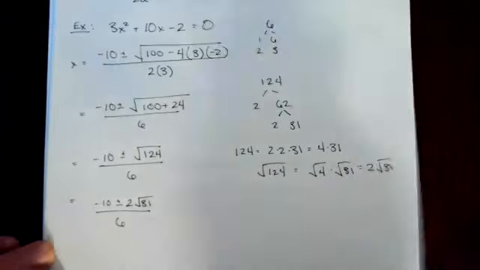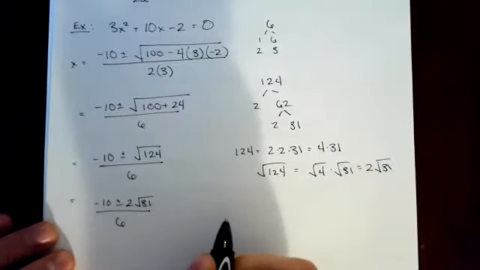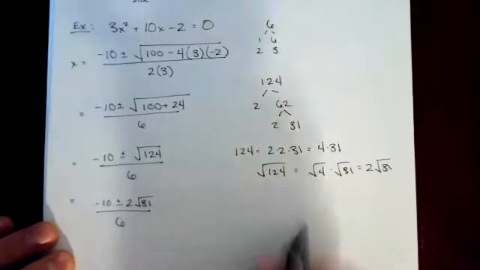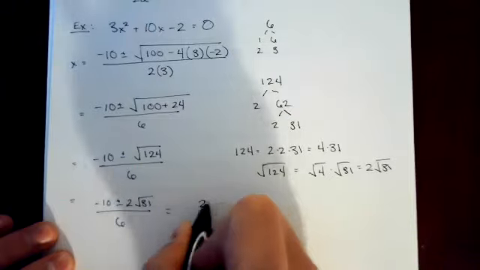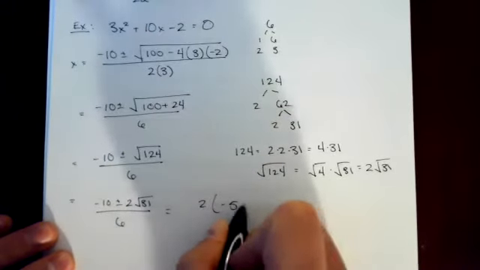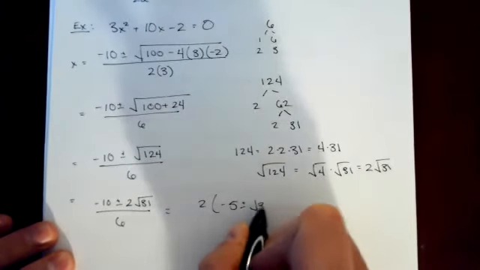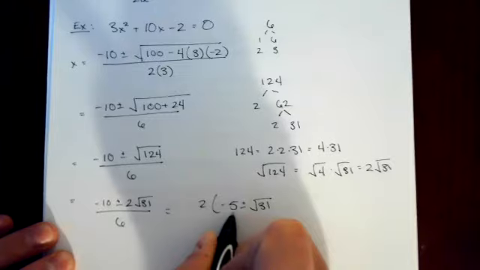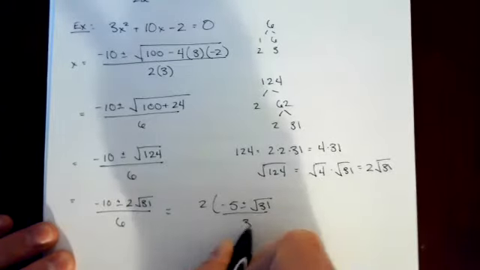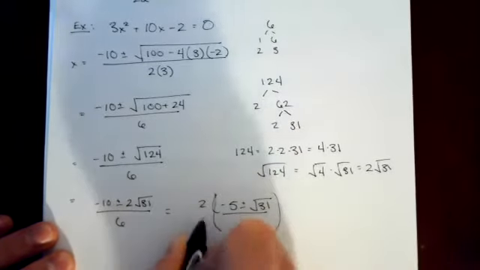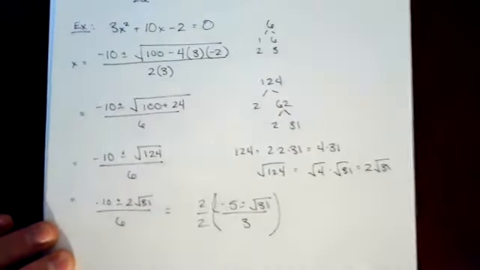And lastly, we want to divide everything by 2. So we can factor out the 2, and of course, factor out a 2 in the denominator.